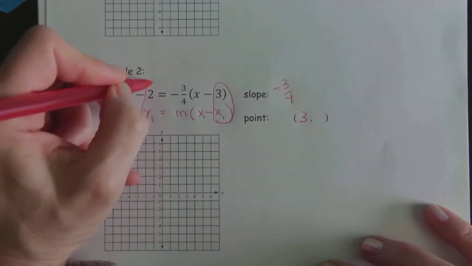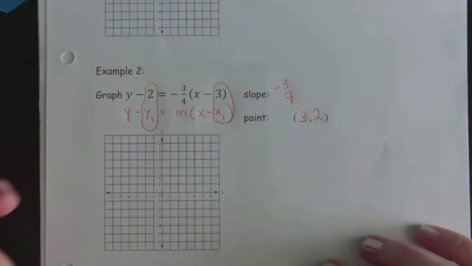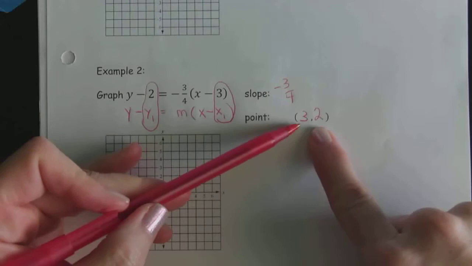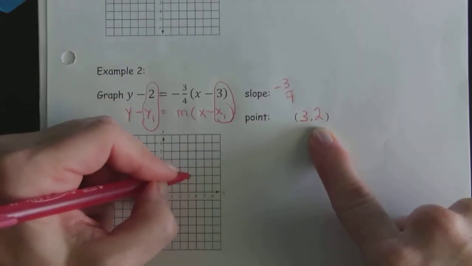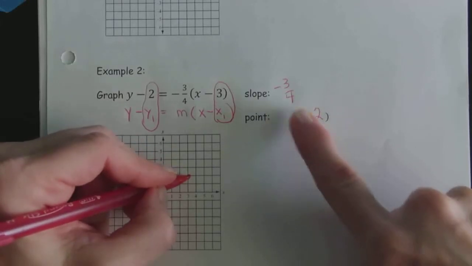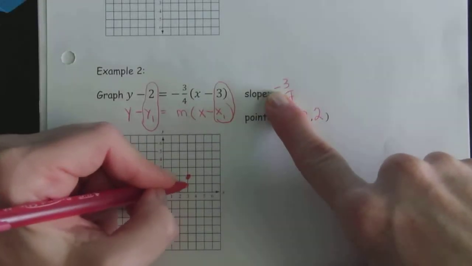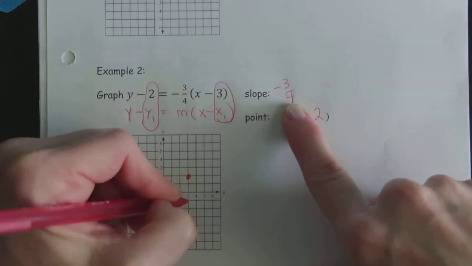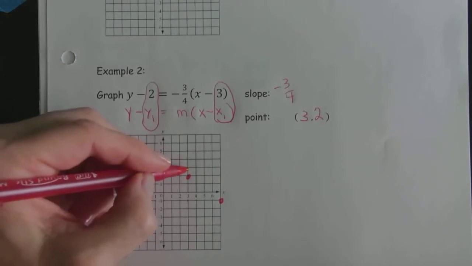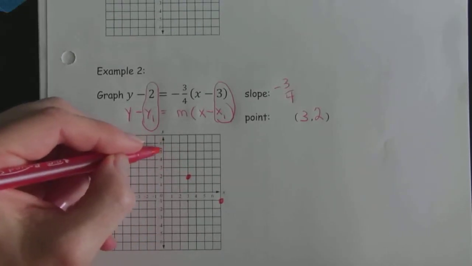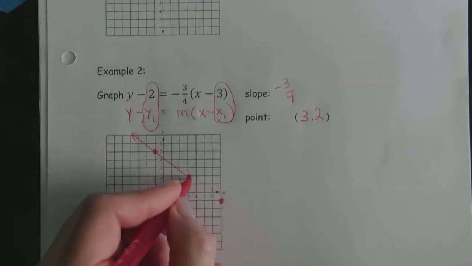And my y sub 1 looks to be 2. So I'm going to plot the point first, 3, 2. And from that point, I'm going to come down 3 because of the negative, 1, 2, 3, and right 4. 1, 2, 3, 4. Or opposite, up 3, left 4. And that would be that line.